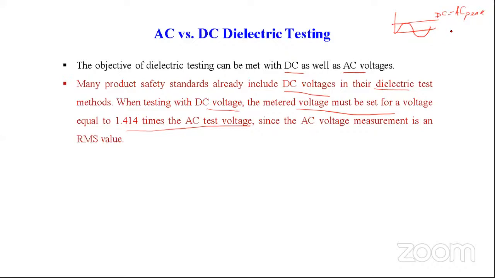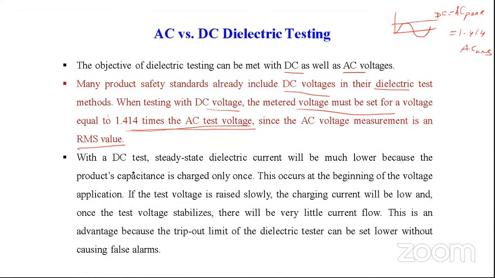And the AC peak voltage is basically what? 1.414 times the AC RMS voltage. So that is the main point: the meter voltage must be set to 1.414 times the AC test voltage, since the AC voltage measurement is an RMS value.